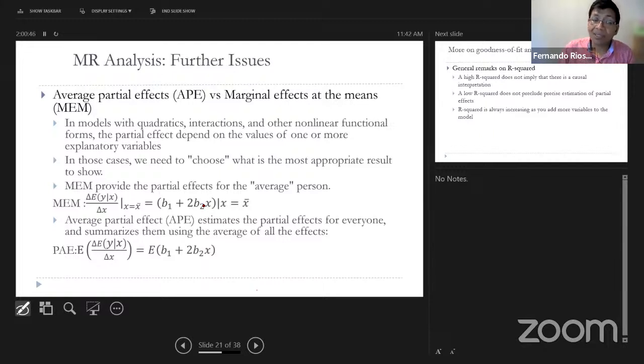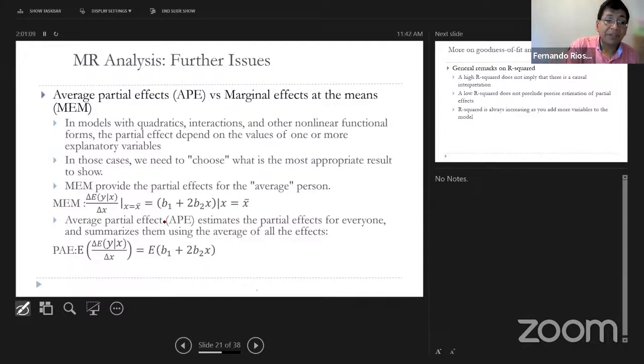And if you want to do that, there are two preferred approaches. You can either report the average partial effects or report the partial effects at the means. The only difference between those is how to estimate that number that represents everything.